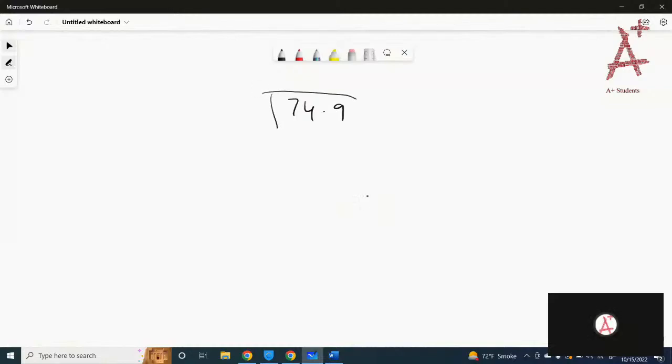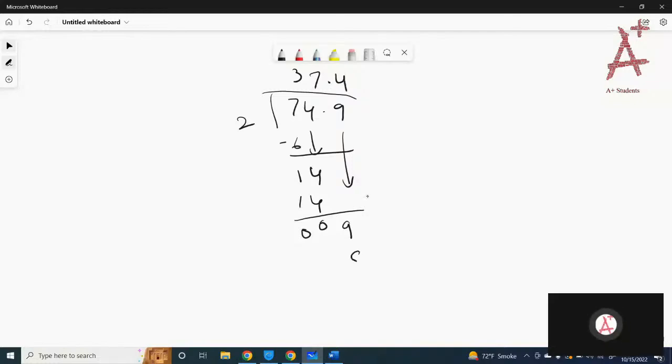We can go for 2 times 3 is 6. 7 subtract 6 is 1 and bring 4 down. Now you can go for 2 times 7 is 14. It would be 0. Bring the next digit down, 9. 2 times 4 is 8. 9 subtract 8 is 1. You already have a decimal, just put a 0 over here. So 2 times 5 is 10. Got it? It would be 37.45.